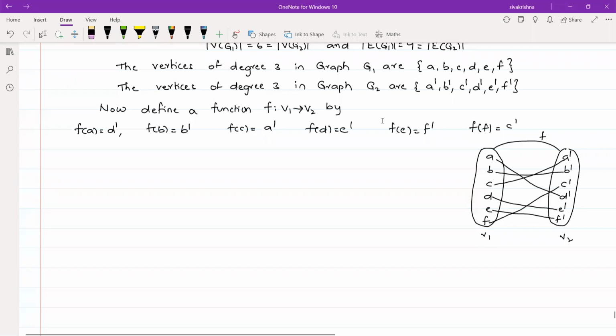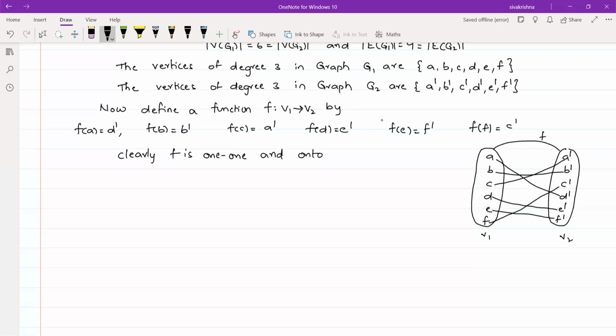Now after defining the images, clearly F is 1-1 and onto. How can we say that F is 1-1 and onto? Different elements in the domain have different images in the codomain. Yes, we have the image of A by D', the image of B by B'.